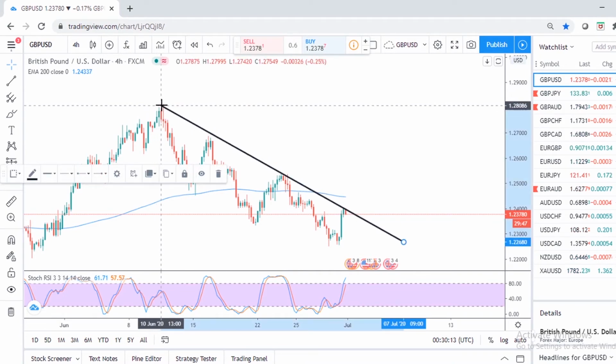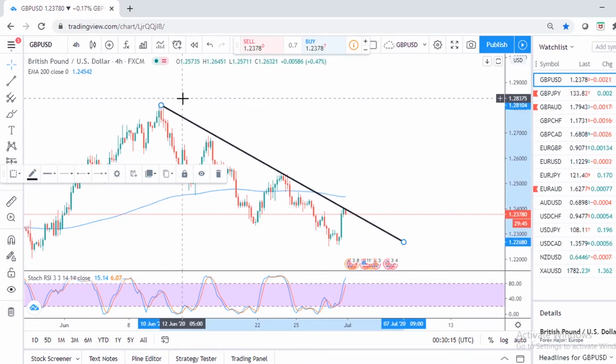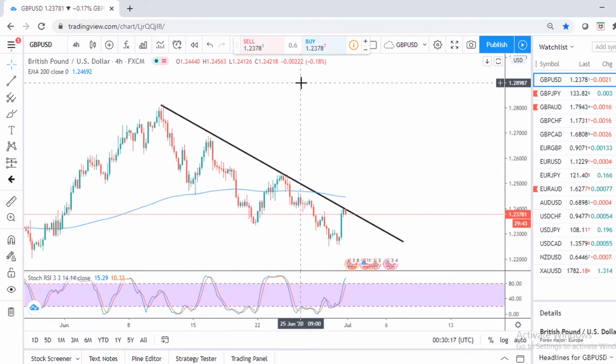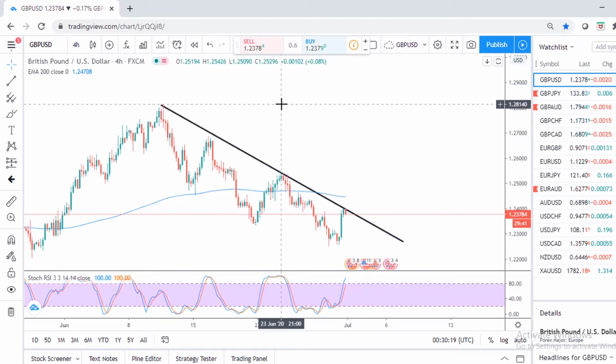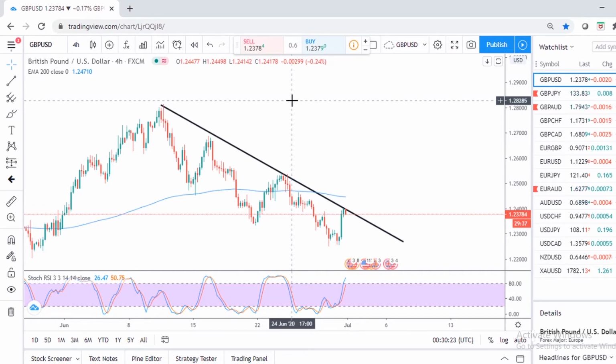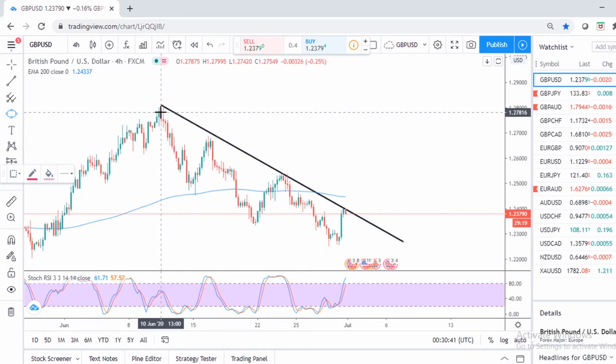Ayusin lang natin ng konti. Ayan. Right? The other indication if a price is trending downward is we have what we call the lower lows. Okay? Ano po ba yung lower lows? Ito po yun.